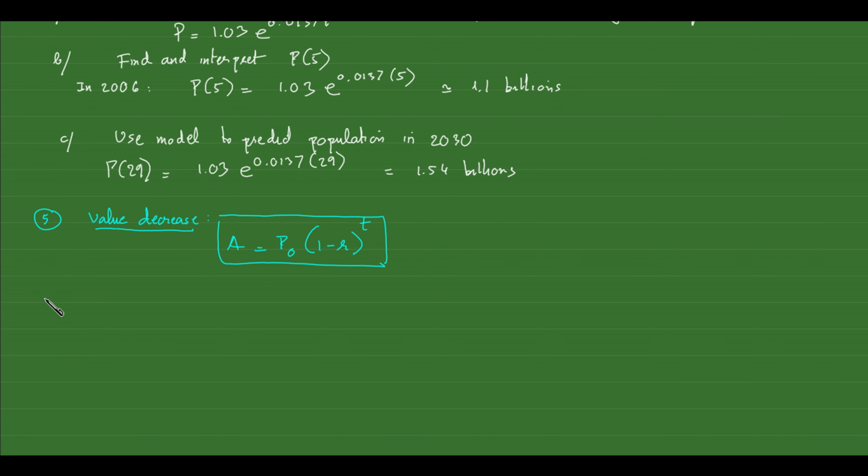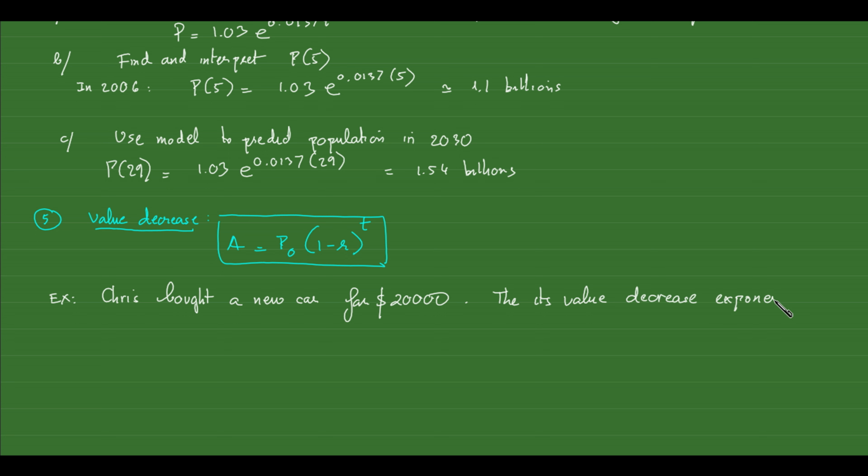Alright, so I have a problem like this. Chris bought a new car, and this car is valued at $20,000, but the value decreases exponentially at the rate of 8% per year.